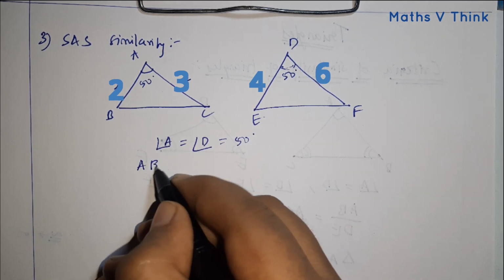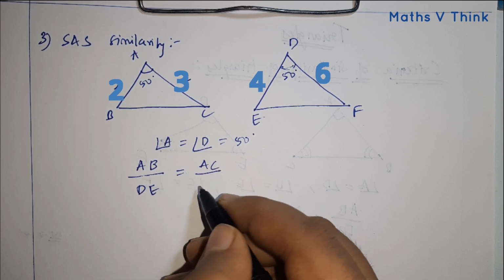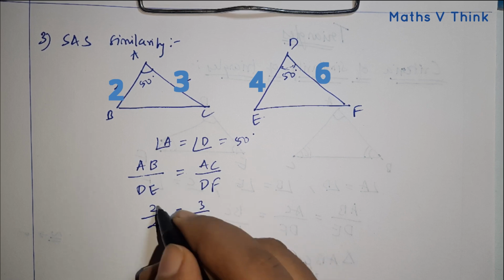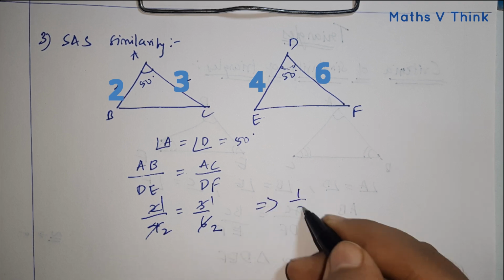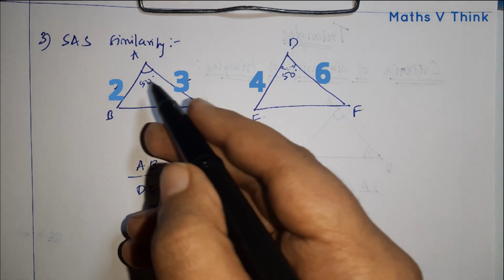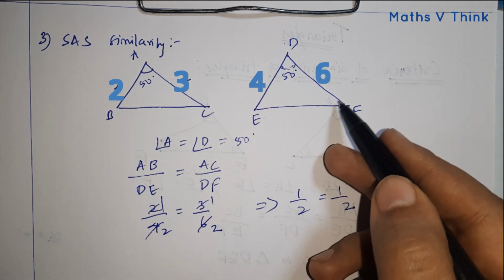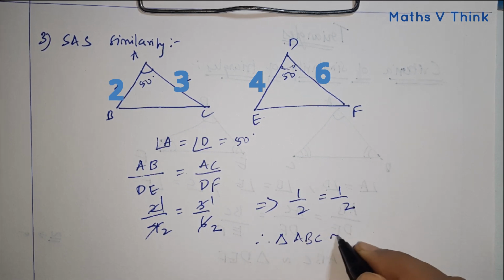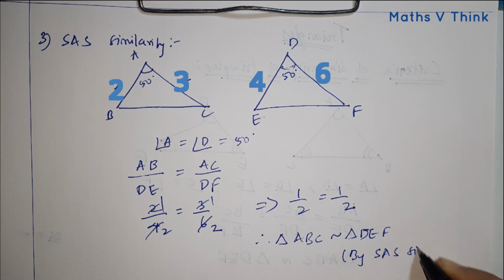Same way I need to check the corresponding sides. AB by DE is equal to AC by DF. It is 2 by 4 is equal to 3 by 6. That is nothing but 1 by 2 equal to 1 by 2. So the angles are also equal and the corresponding sides are also in the same proportion. Therefore, triangle ABC is similar to triangle DEF. This is by SAS similarity.